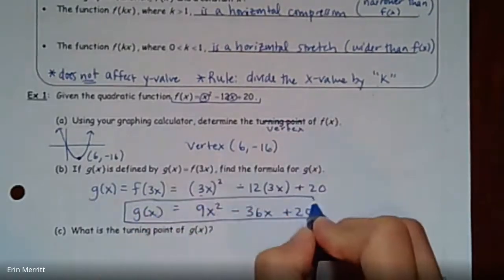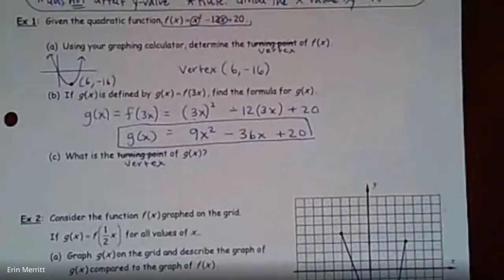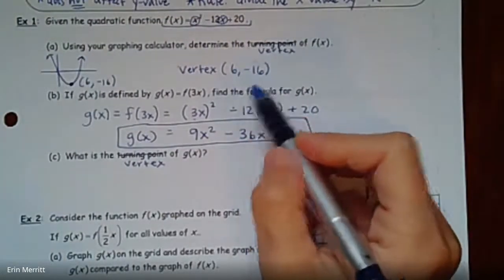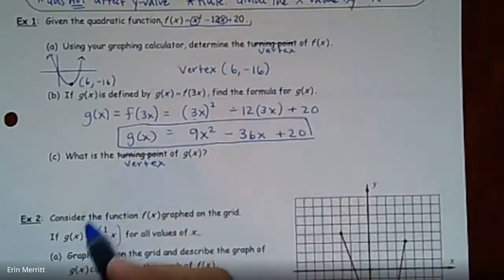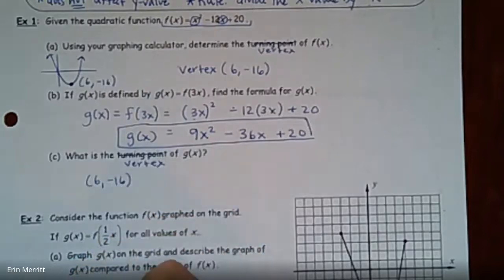And then it asks, what is the turning point or the vertex of g of x? Well, I can find it one of 2 ways. Let's talk about both. One way would be to take the vertex up here and talk about what should have happened. The vertex originally was the point 6, negative 16.